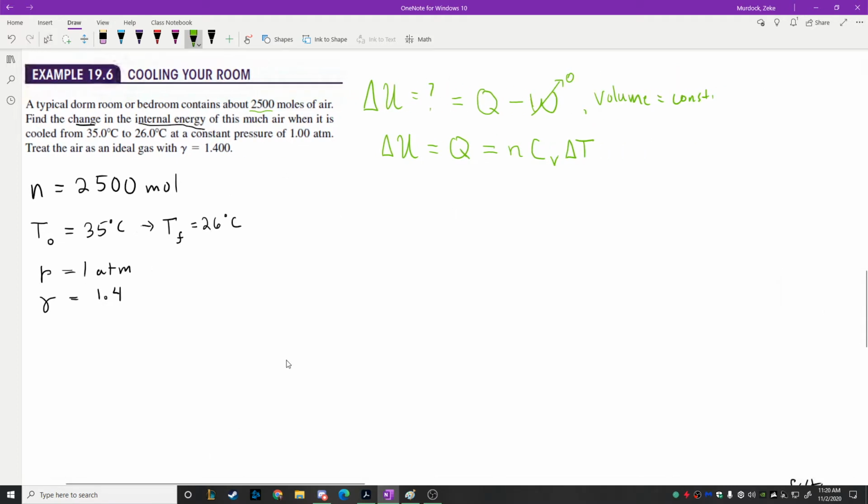From what we just did a second ago, the quantity gamma is related to CV because it's equal to CP divided by CV. We also just showed that CP and CV are actually related to each other: CP is equal to CV plus the gas constant.